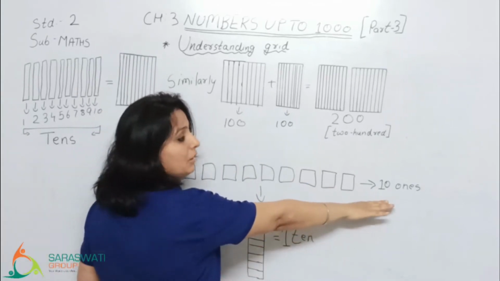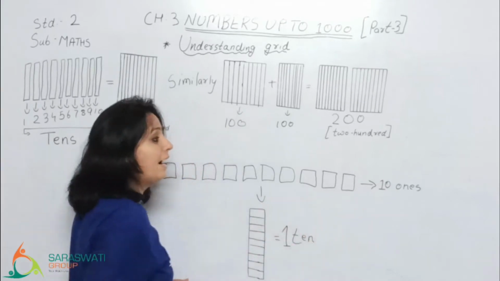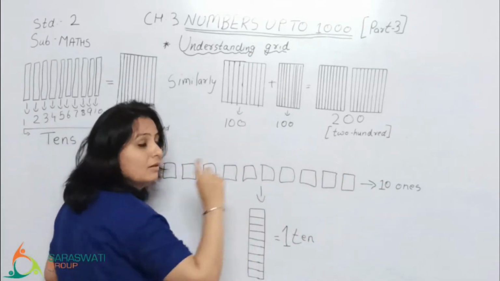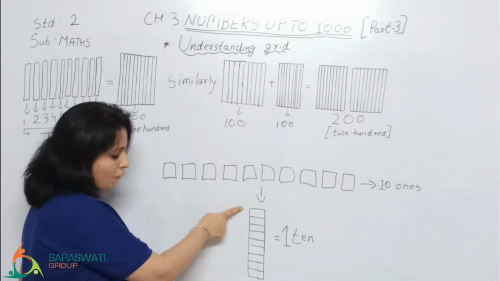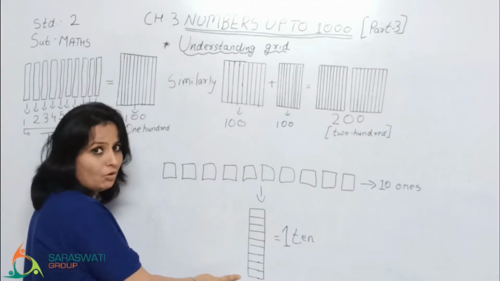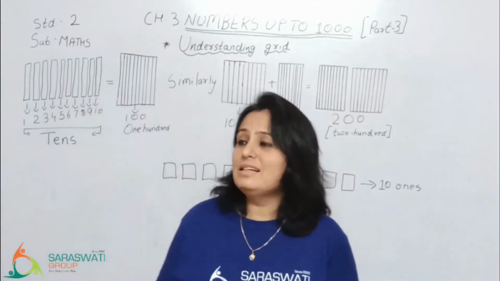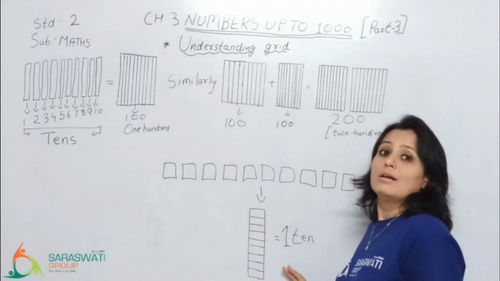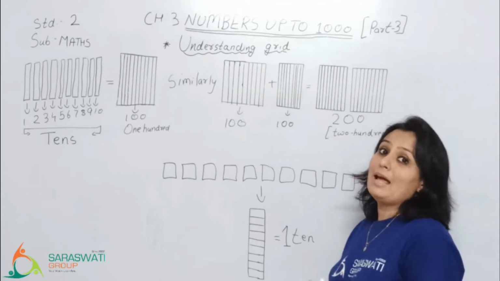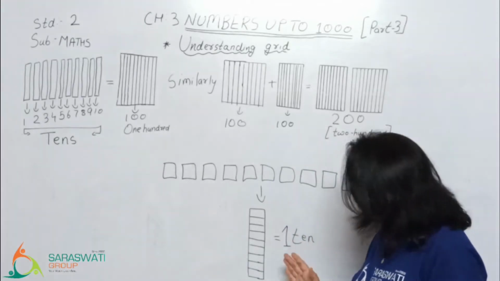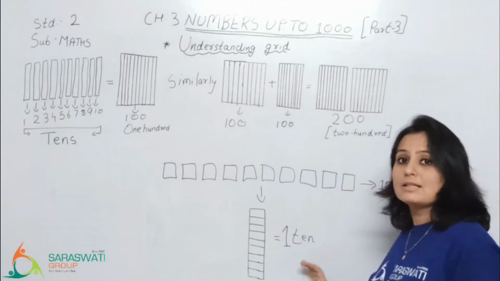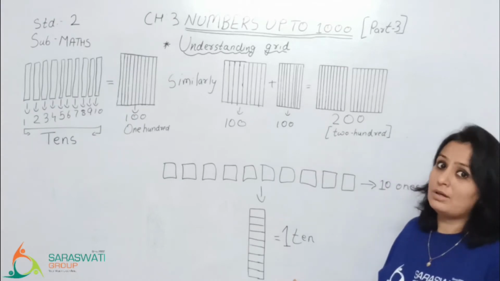These are 10 ones, and when 10 ones come together they form 1 ten. You already know that. Now, when these tens combine, 10 of them come together.